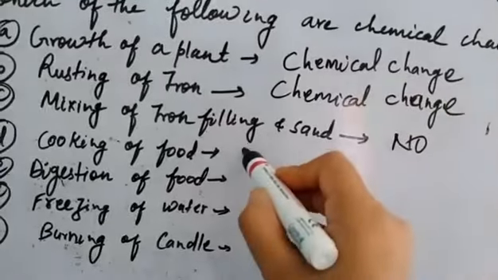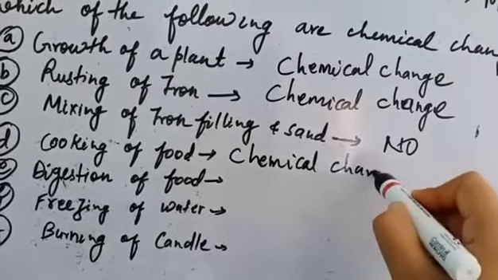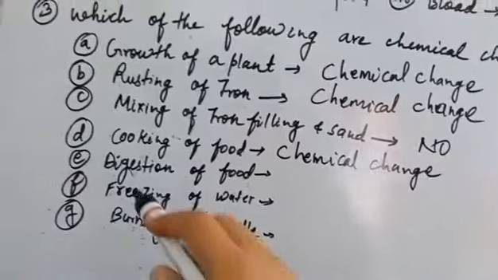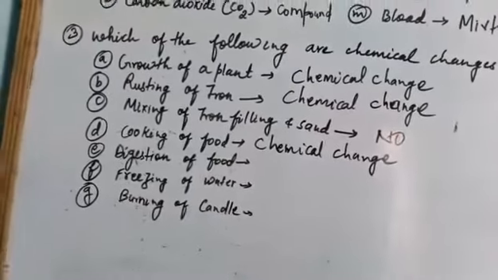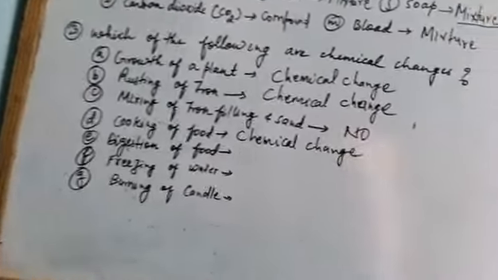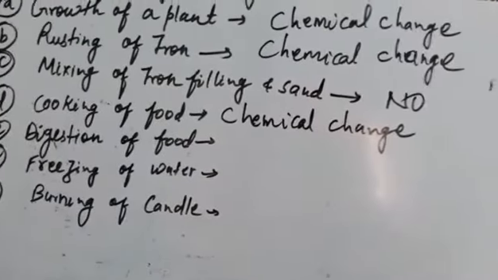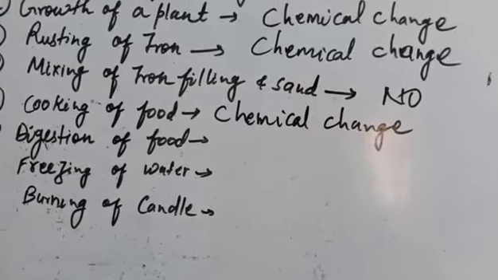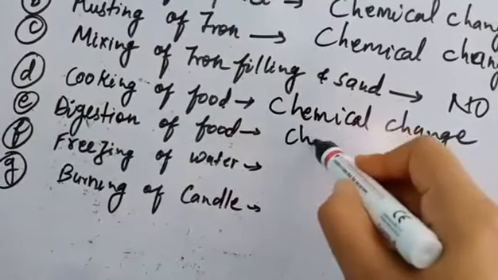A chemical change is happening, so it is a chemical change. Now digestion of food, so in digestion of food, chemical processes take place where your food is getting broken down in the presence of oxygen and gives rise to various new things, energy and various new things. So here digestion of food is totally a chemical change only.